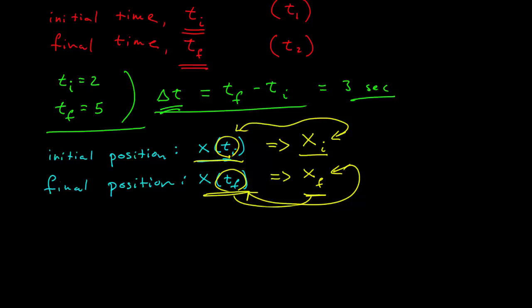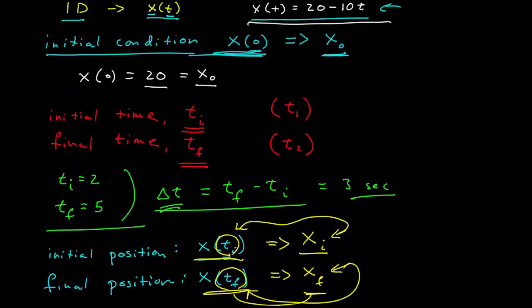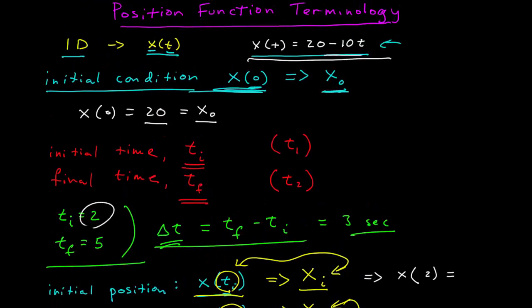Since these are positions at 2 points in time, we might be interested in the position difference, which I call delta x, which is going to be the final position minus the initial position. If we do this with the example we had before, my initial position, which is x evaluated at my initial time, which is 2. Well, evaluating this at 2 gives me 0.